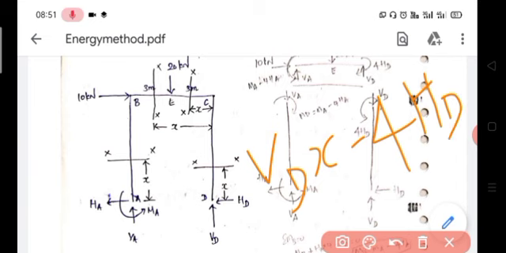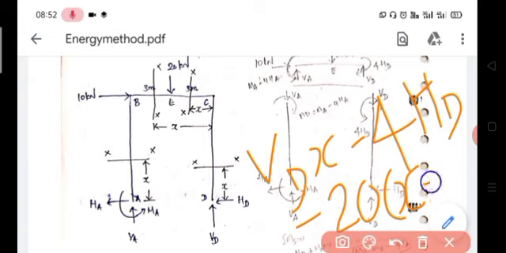Then the third force is the 20 kilonewton force. It is a vertical force and creates a hogging moment about section XX. The perpendicular distance is x minus 3, because x is measured from C, so the perpendicular distance will be x minus 3.